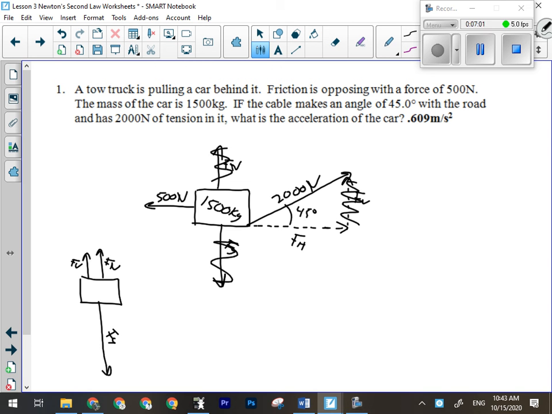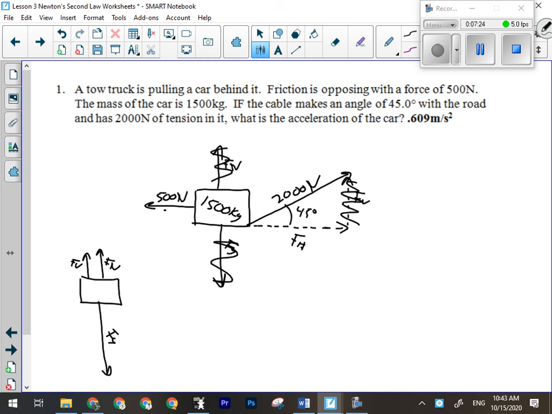Okay? This is that force as a vector quantity thing. I have to understand that even though I'm pulling this way, the car's not going that way. It's going horizontally, which means I'm only worried about this force, its horizontal component, and the force that's directly opposing that horizontal component.